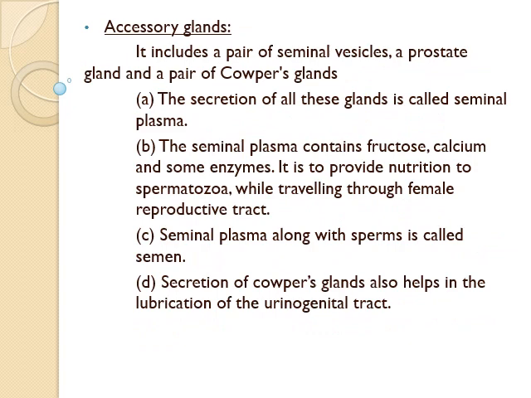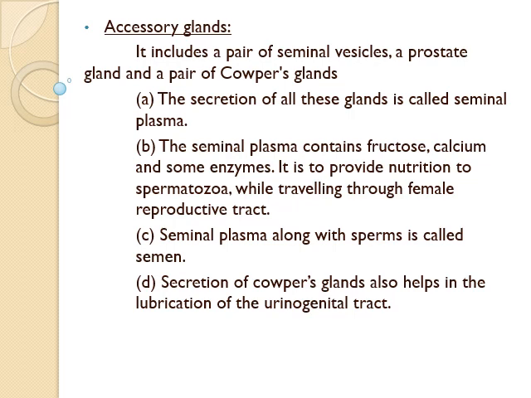Let's see accessory glands. They are a pair of seminal vesicles, a prostate gland, and a pair of bulbourethral glands or Cowper's glands. These glands produce fluids that are essential for motility, nourishment, and protection of sperms.